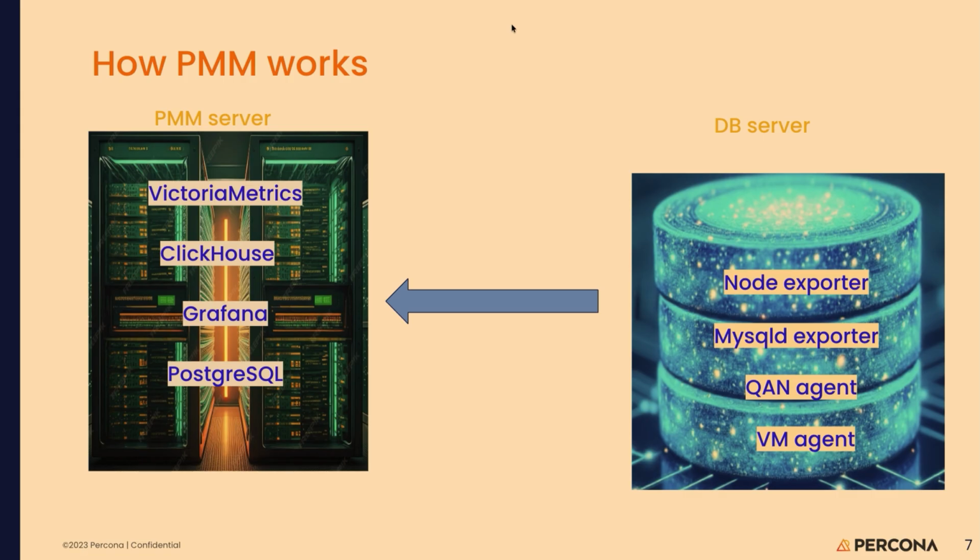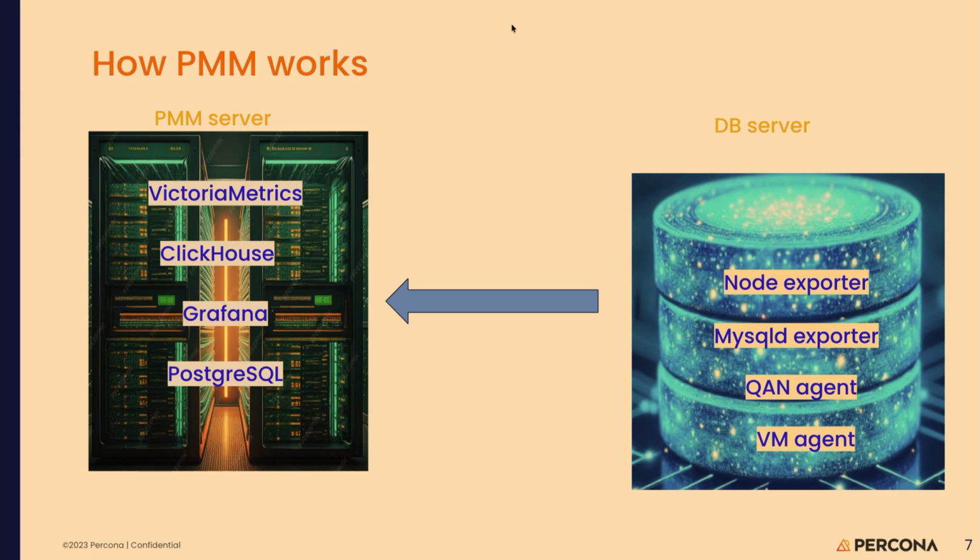ClickHouse is a high performance database that stores the large amount of data for query analytics. Grafana is a web interface where all the collected data turns into dashboards. Postgres is used to store the metadata of internal components and configurations.